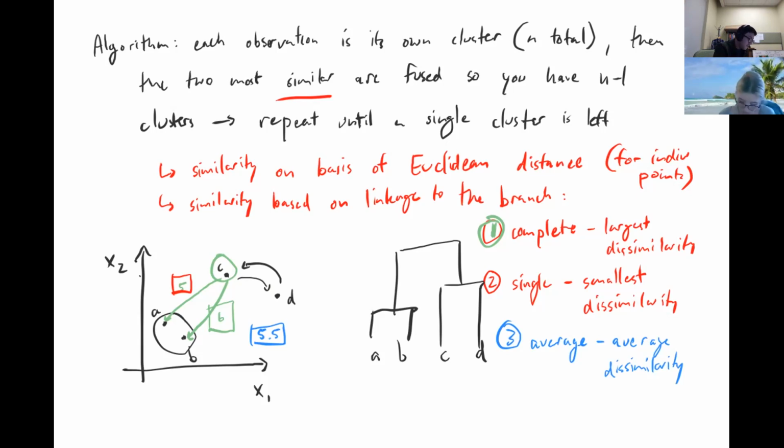And what you'll tend to find is that average and complete linkages tend to have more balanced clusters.